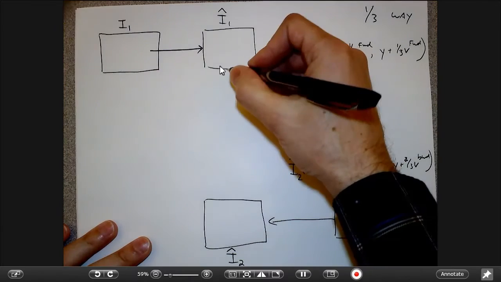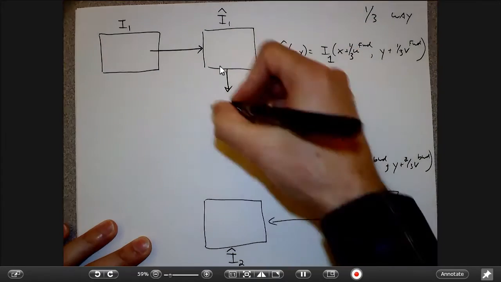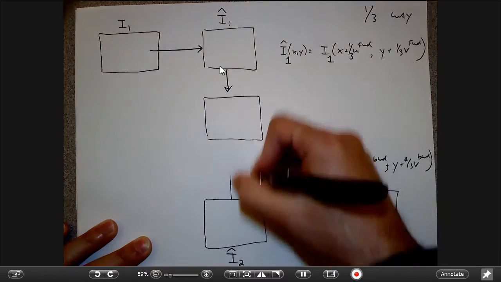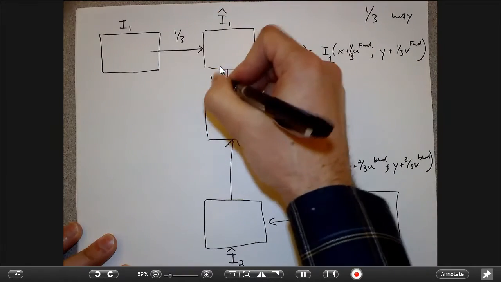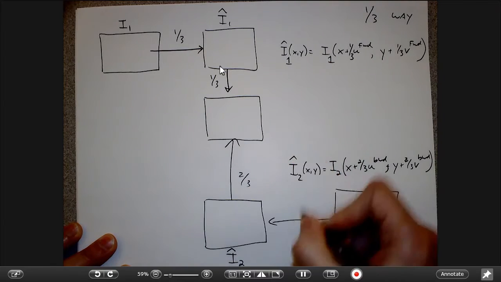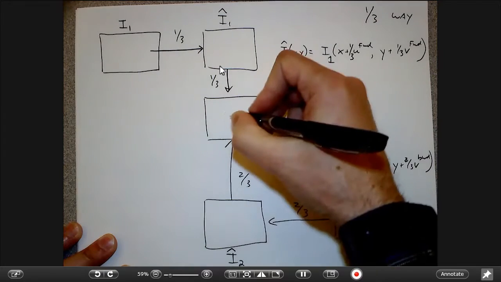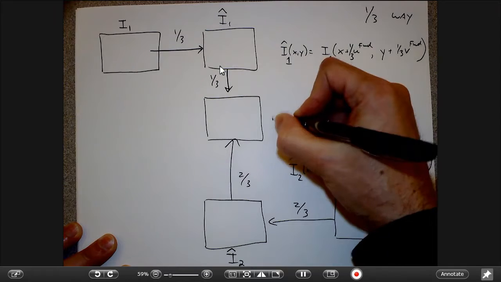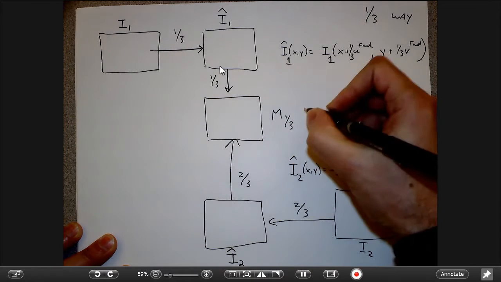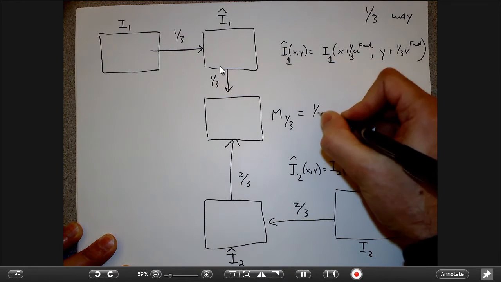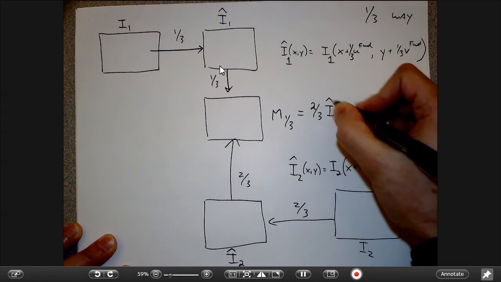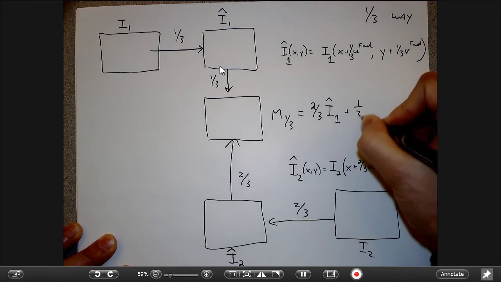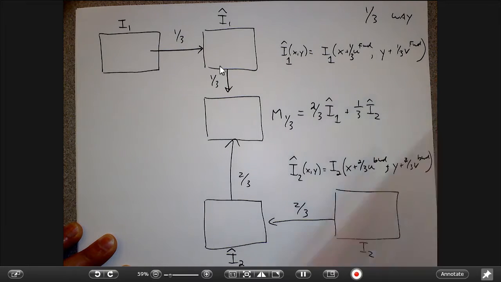At this point, I can say, now I'm going to cross-dissolve these. Again, if my goal is to be a third of the way over, then my final 1/3-of-the-way image should be 2/3 of image 1 hat plus 1/3 of image 2 hat, right?